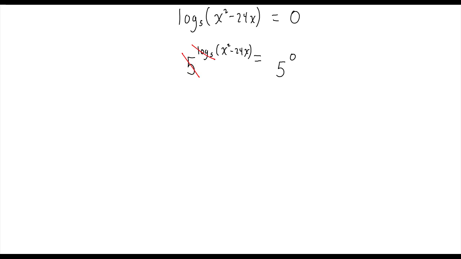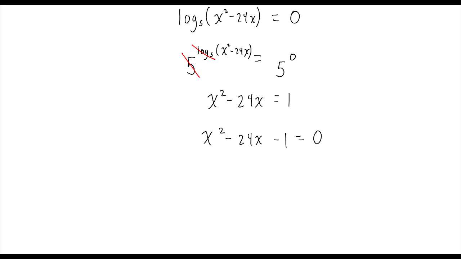Those cancel out to leave me with x squared minus 24x. And 5 to the 0 power is 1. Subtract 1 from both sides. And I end up with this quadratic equation, x squared minus 24x minus 1.